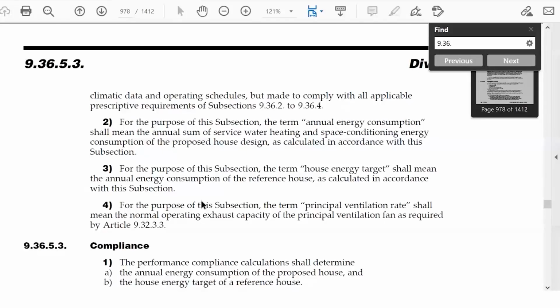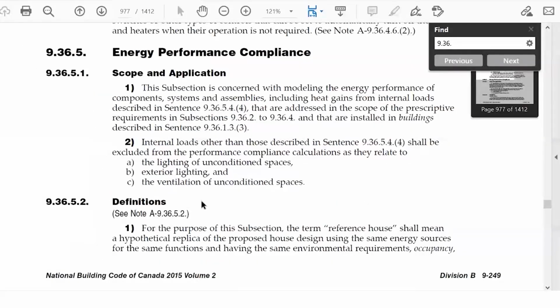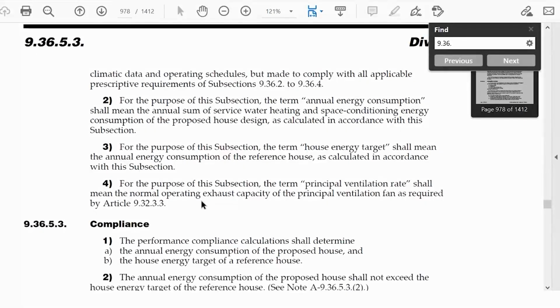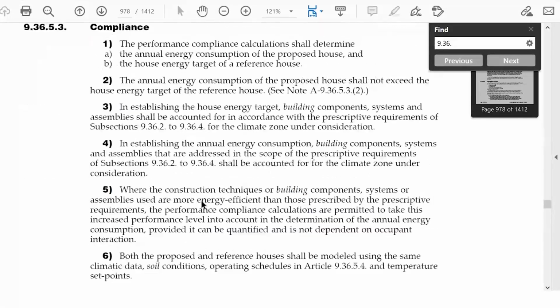This section also has definitions. You've got the reference house, annual energy consumption, house energy target, and principal ventilation rate. And there is a whole science around using modeling for houses and calculating performance compliance calculations for the annual energy consumption of the proposed house and how it compares to the house energy target of a reference house.